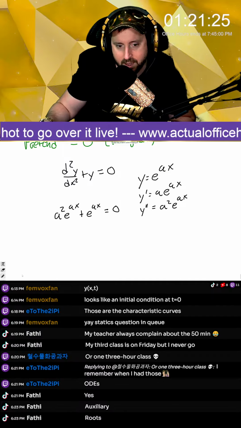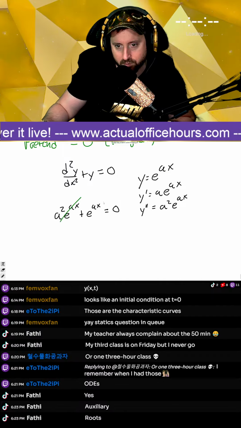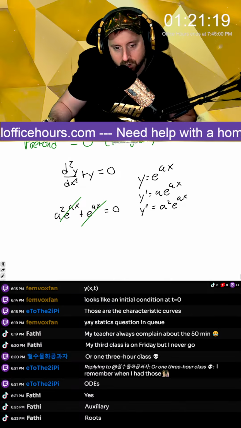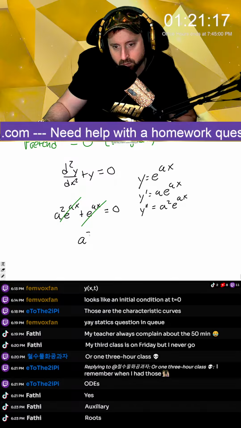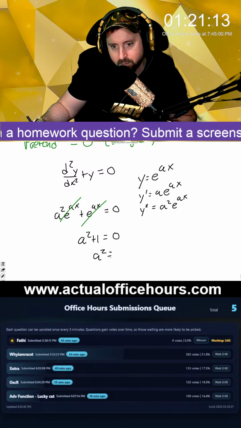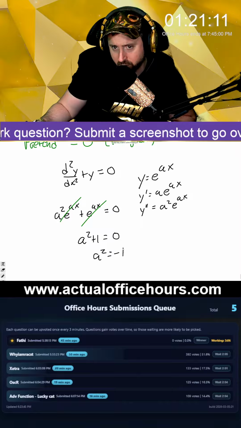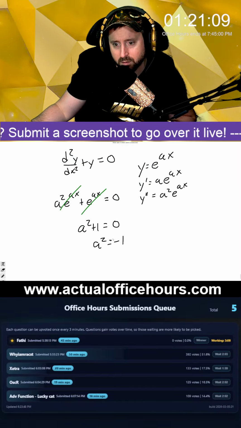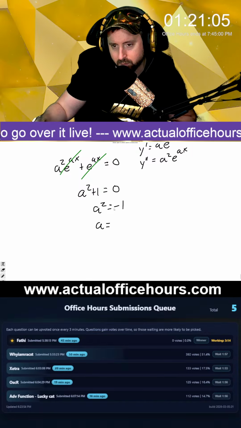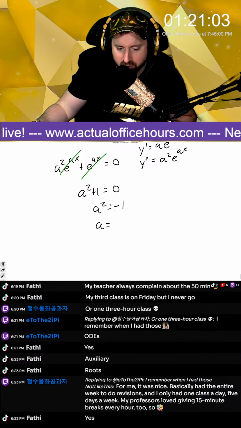If you assume it's e to the ax, then you can just cancel these e to the ax's out, and then you just get a squared plus 1. And that gives you a squared is equal to -1, so then a is equal to plus or minus i. Is it plus or minus i?